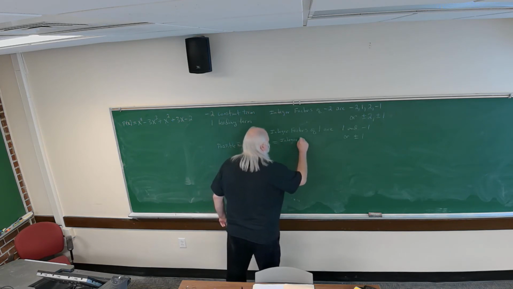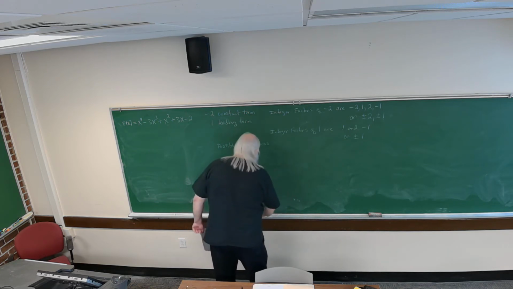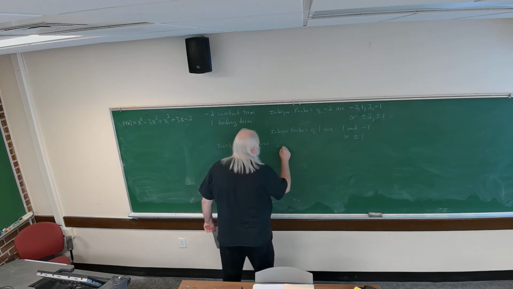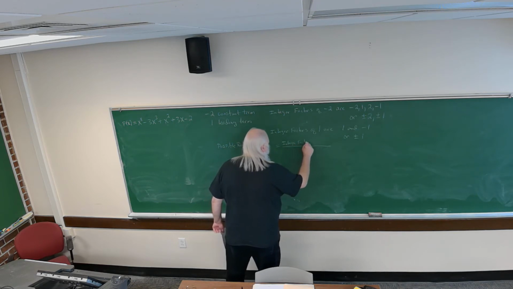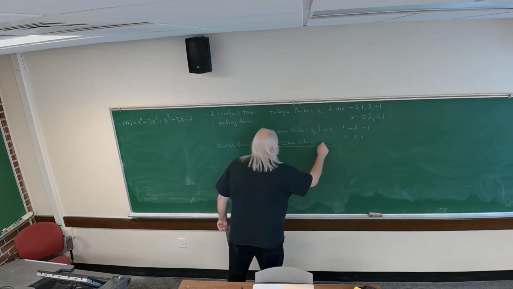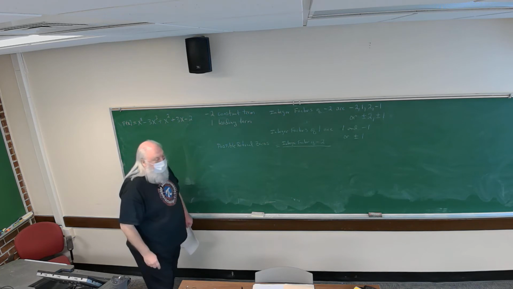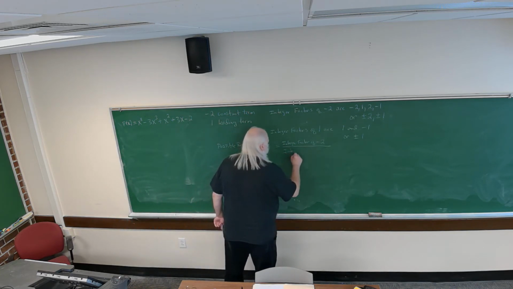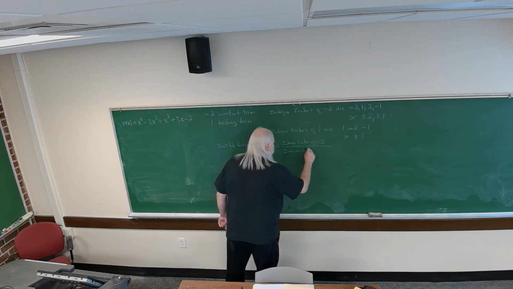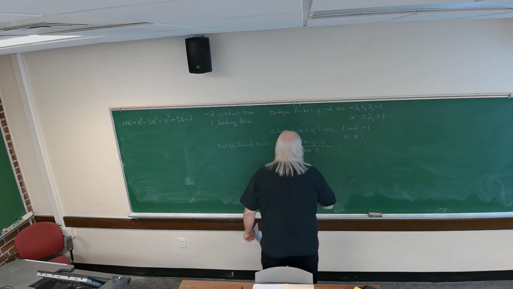Here the numerator is the integer factors of the constant term minus 2, and you divide by the integer factors of the leading term 1.